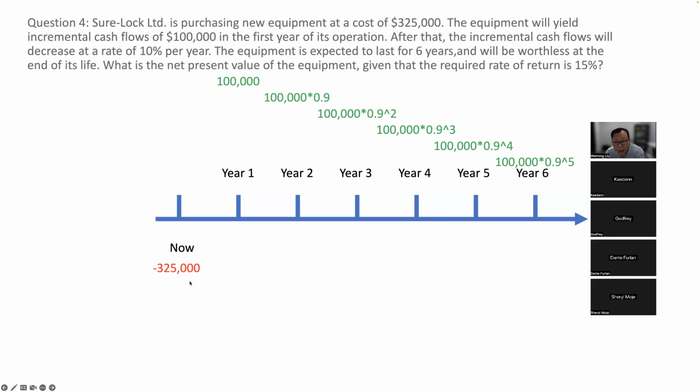Well, the most straightforward way to do this is, well, you would say it would be really good if this were an annuity, right? If it's just $100,000, then I can use a formula. Can anyone tell me what is the formula for the ordinary annuity? Who remembers the formula for the ordinary annuity?